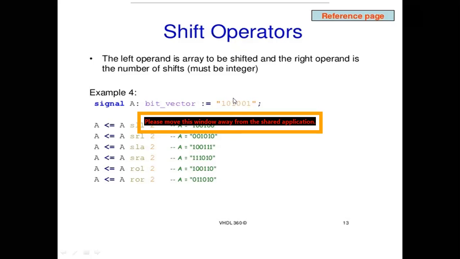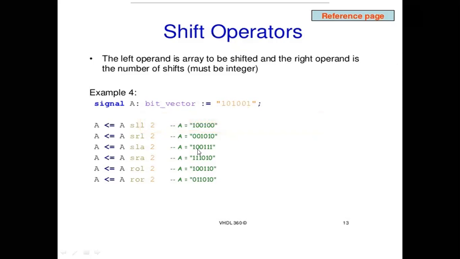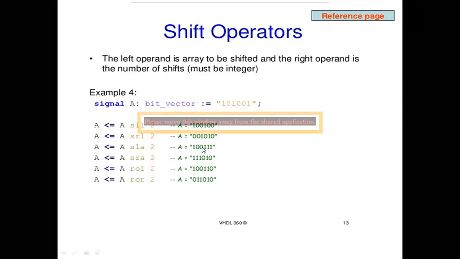When shifting, automatically the 1001 comes to the MSB side, and the 2 LSB bits are kept as 1, whereas in logical we put 0. For arithmetic we put 1.